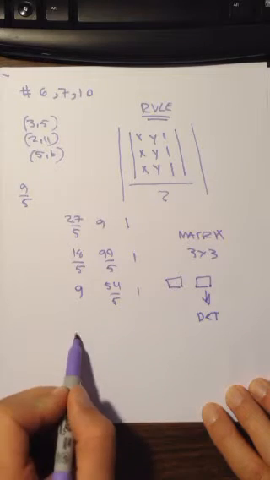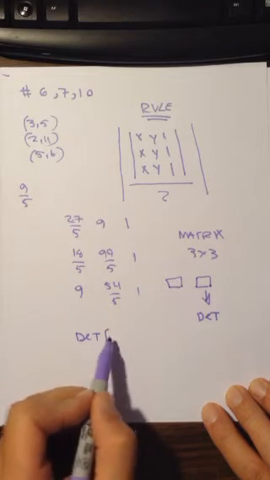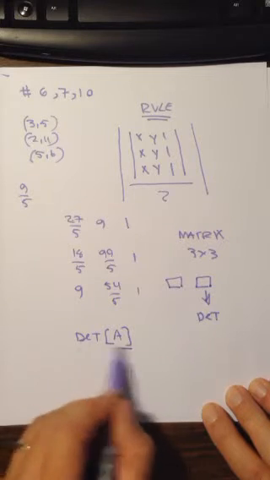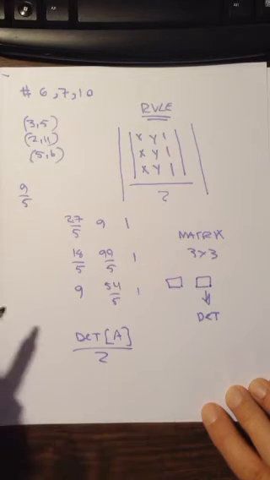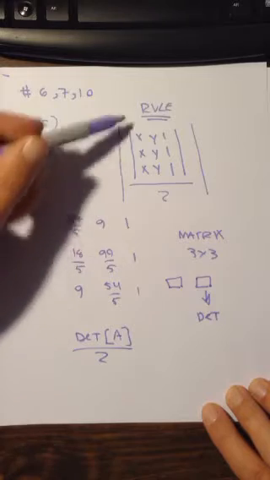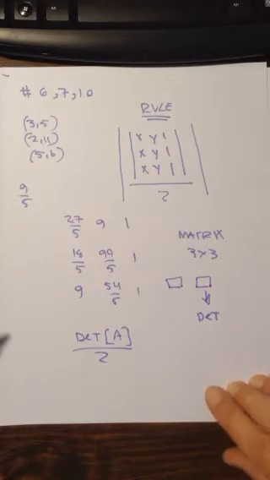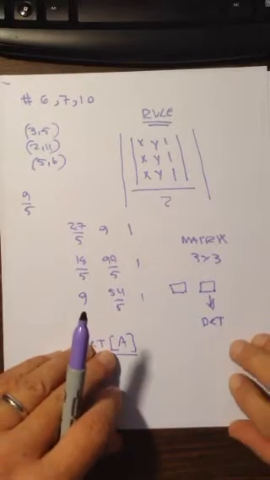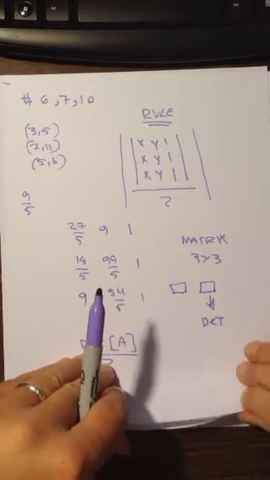Then go back in, take the determinant of matrix A, and hit enter. Then you're just going to divide by 2. If the answer was positive, you leave it. If it was negative, you make it positive. That's number 6.